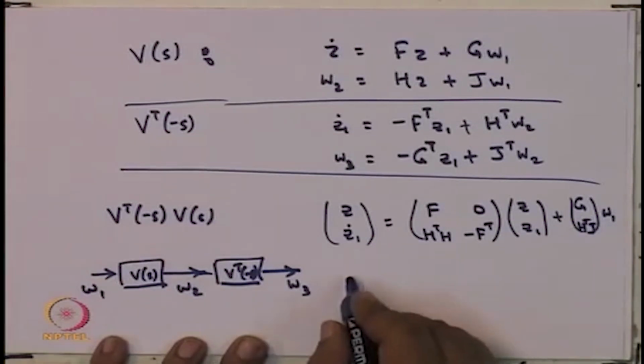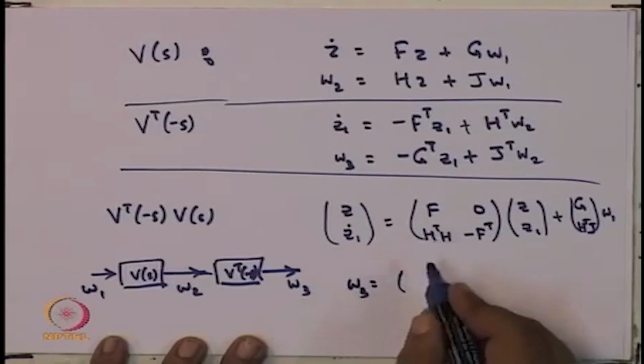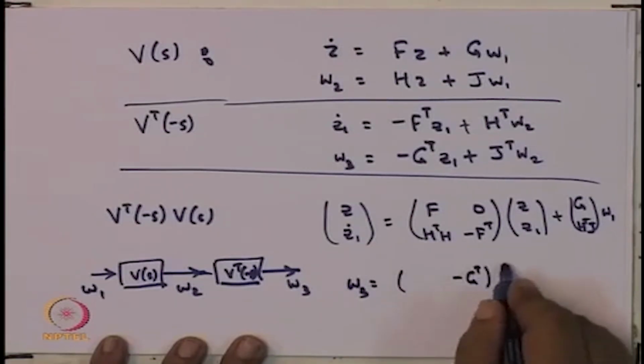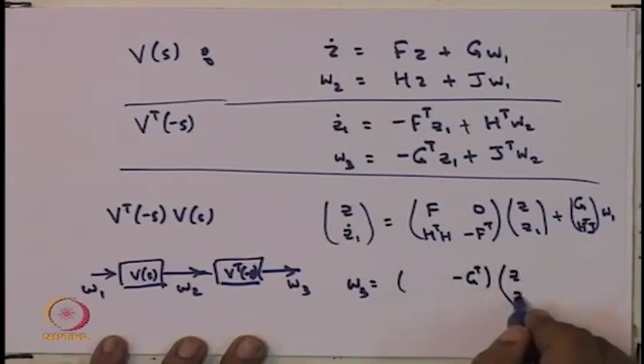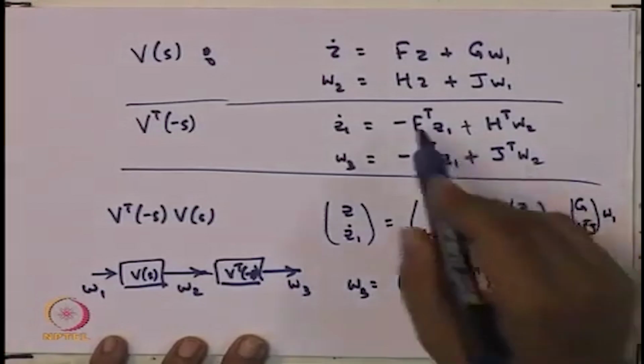And the output equation, well, W3 is equal to, I would have minus G transpose Z1. So, this I have taken care of, and then I have J transpose W2.